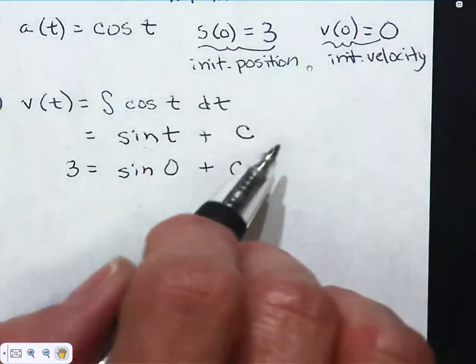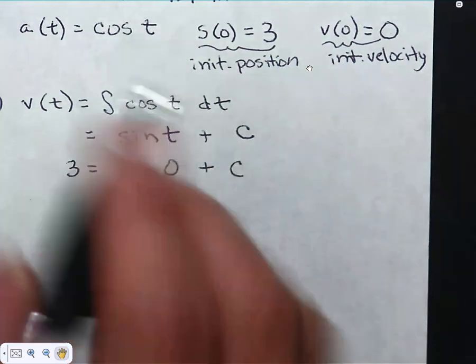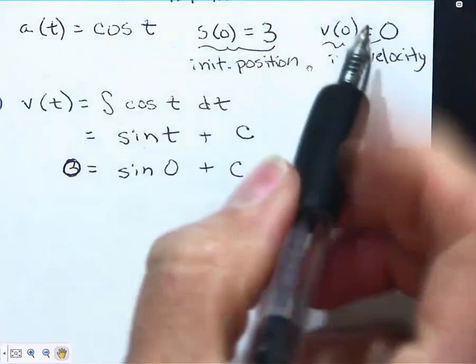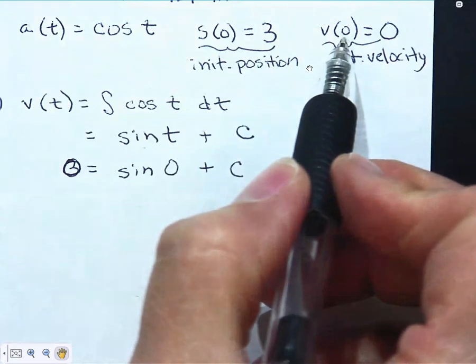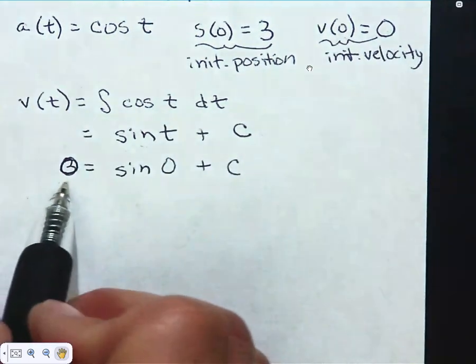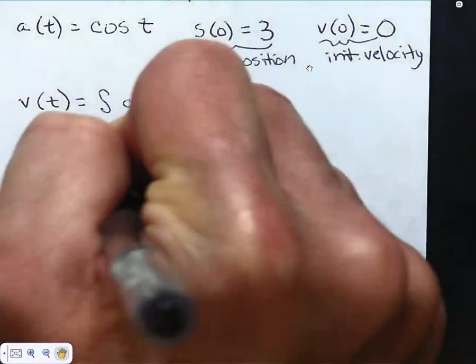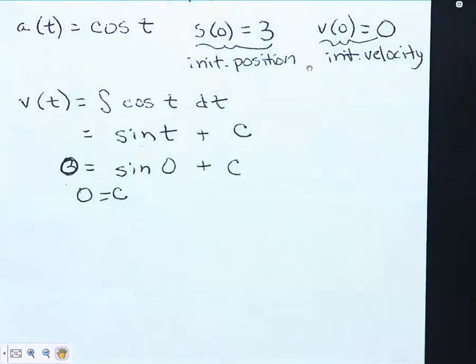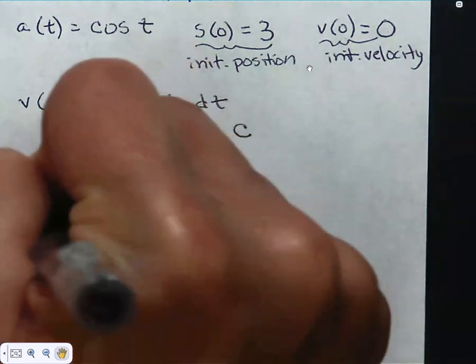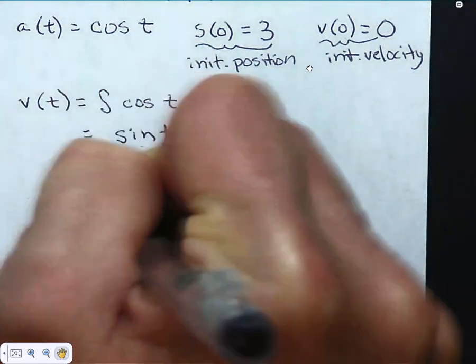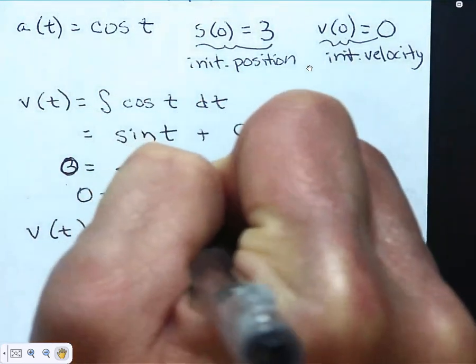That's not good. If I put 0 into the velocity function, I'm supposed to get 0 for the velocity. So since sine of 0 is 0, that constant is just 0. And my velocity function is just sine of t.